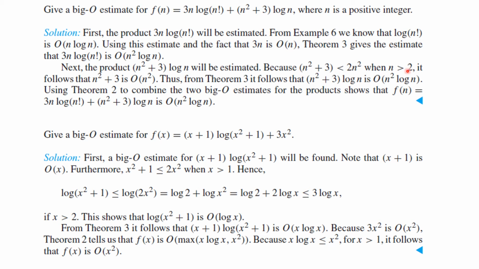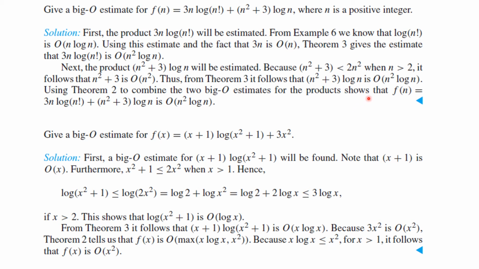Now, if n is bigger than 2, n squared plus 3 is less than 2n squared. So it follows that n squared plus 3 is big O of n squared. Thus, from a previous theorem, we know that this product is big O of n squared log of n.